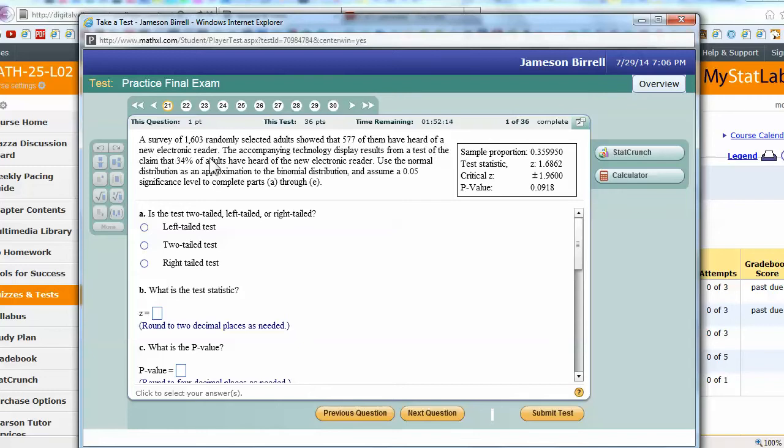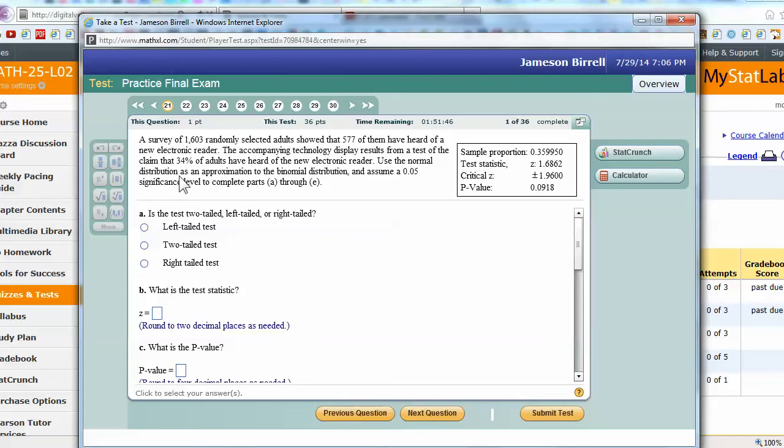Okay, anyway, a survey of 1,603 randomly selected adults showed that 577 of them have heard of a new electronic reader. The accompanying, and let's say that's maybe the Kindle, what's that? Something light, paper white maybe is what it's called. The accompanying technology display results from a test of the claim that 34% of adults have heard of the new electronic reader.